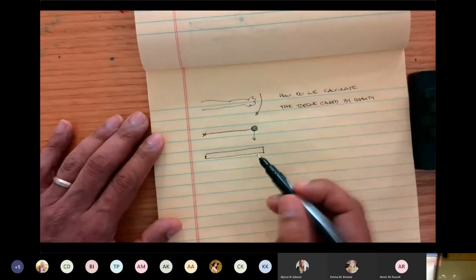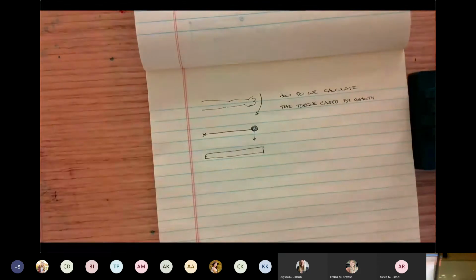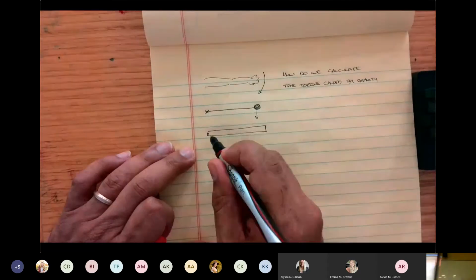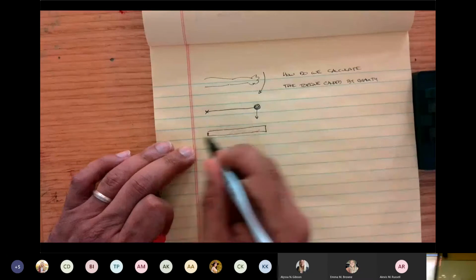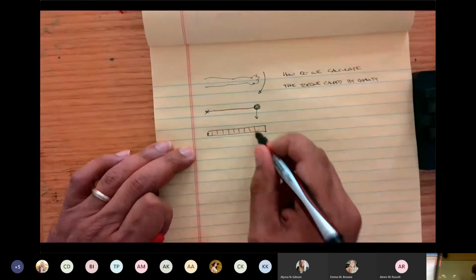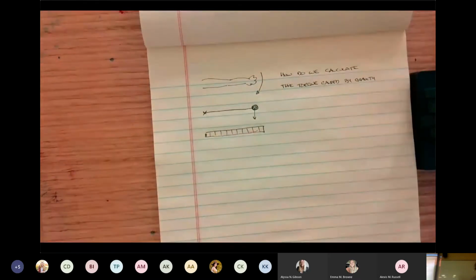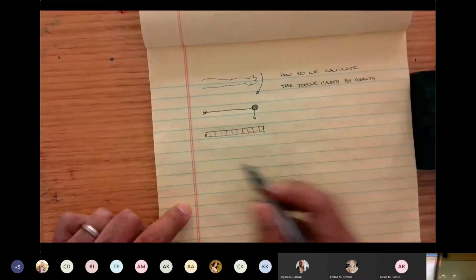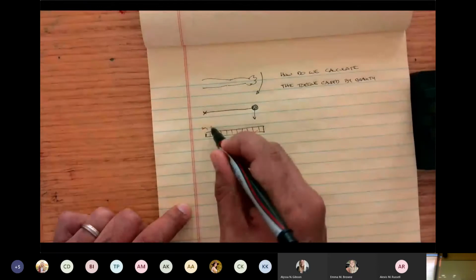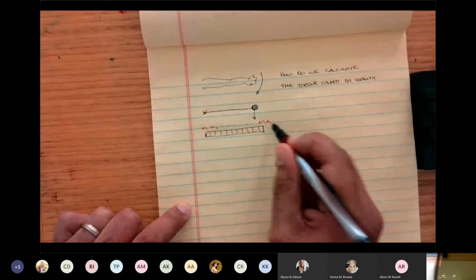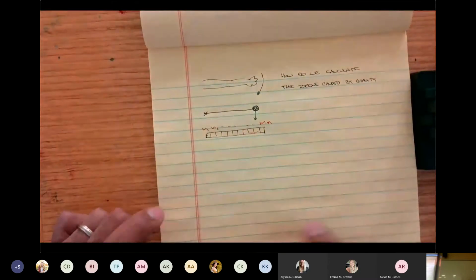So there are different ways that we can calculate this. The one that is more complicated, that we're not going to use, but I'm going to explain it so you can get an idea, is that we divide this object into small little segments. And I'm going to divide the object in such a way that each one of these little segments has the same amount of mass. So I will have here M1, M2, M3, all the way to Mn. So I'm going to have n segments of my arm, and all of them are going to be exactly the same.